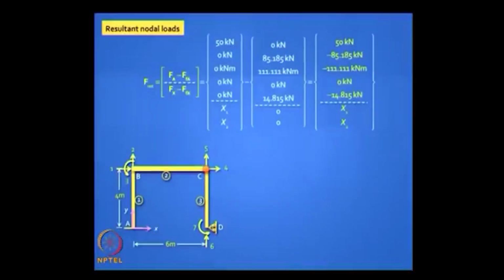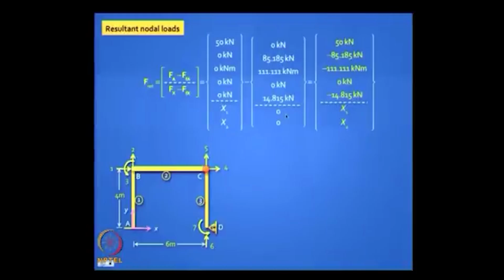Next I should get the net joint loads, resultant nodal loads. So that is F net is FA minus FFA and Fx minus FFx. I just do this substitution. When I write the second one, that is where I bring in those forces. You see, this is given to me, right in the beginning. Okay, I have 50 kilonewton load and I have x1 and x2, I do not know. This is my FA Fx vector.